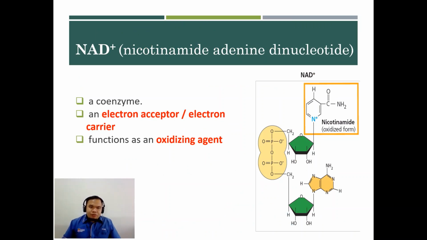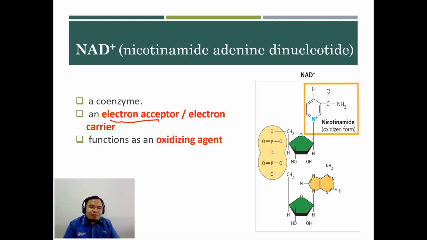So you've learned about coenzymes in the last chapter. Hopefully you have revised that chapter, as this involves the coenzyme NAD plus, nicotinamide adenine dinucleotide. So what is this NAD plus? It is an electron acceptor.